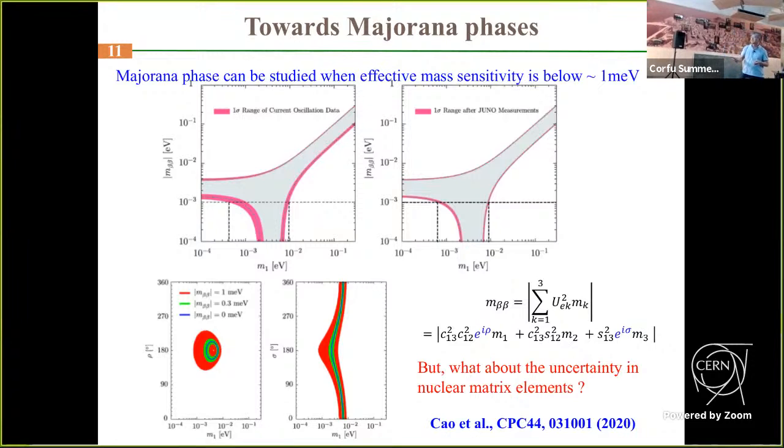So this is how you can study the Majorana phases below this interference level. It is really the ultimate, maybe dreaming, goal: after we discover the Majorana nature, at this mass region we can really study and decide the Majorana phase.